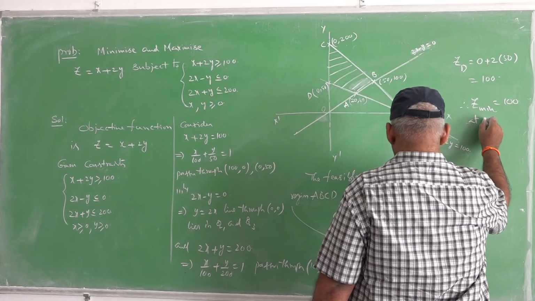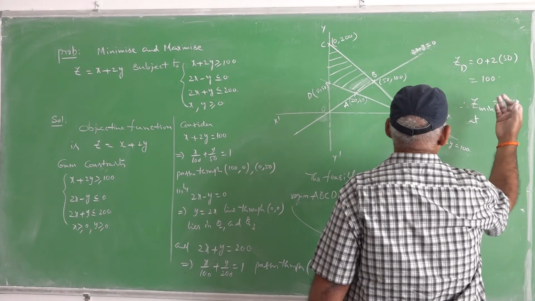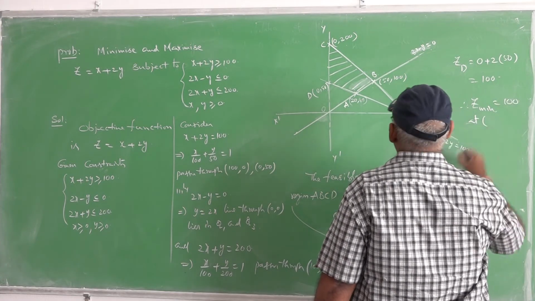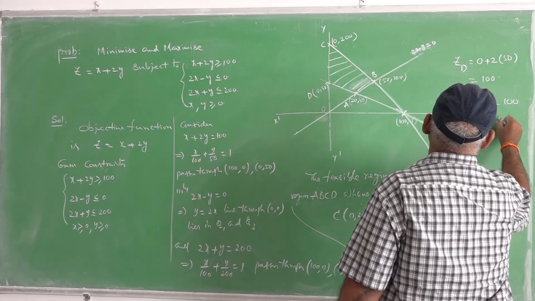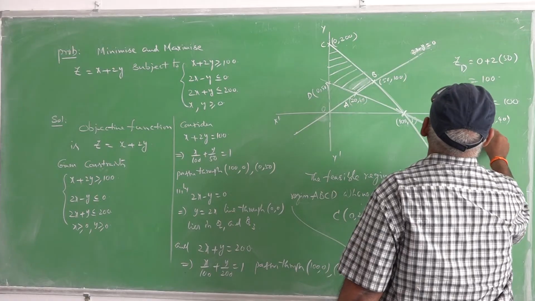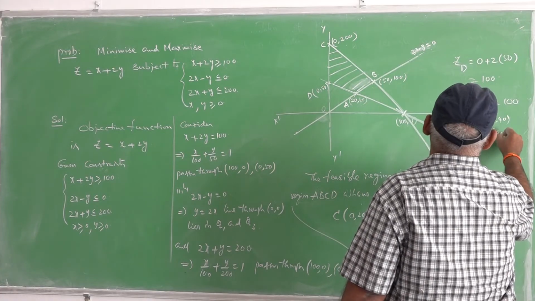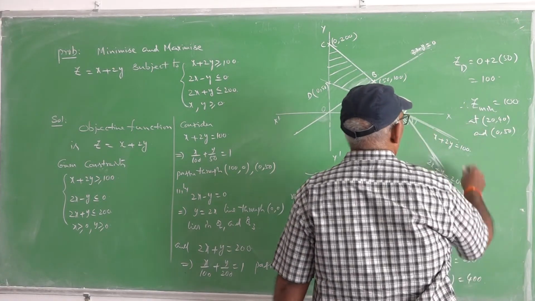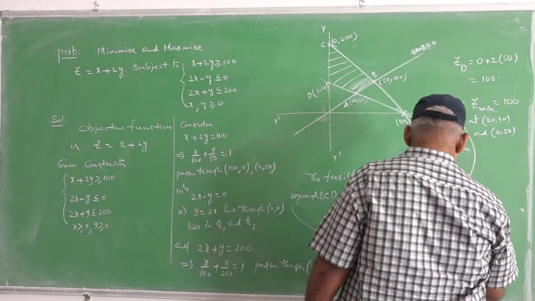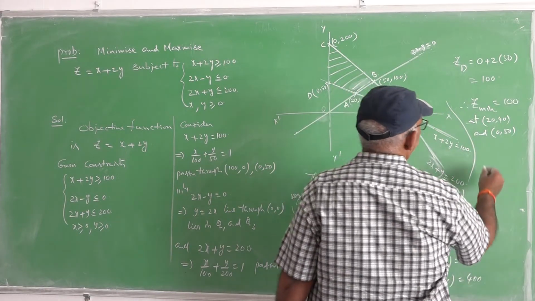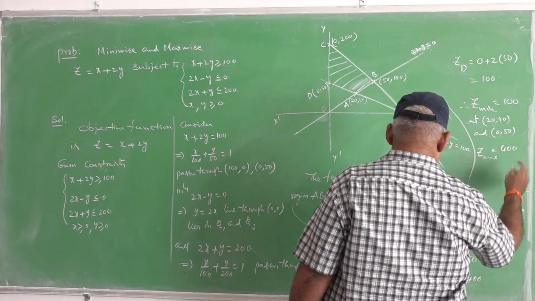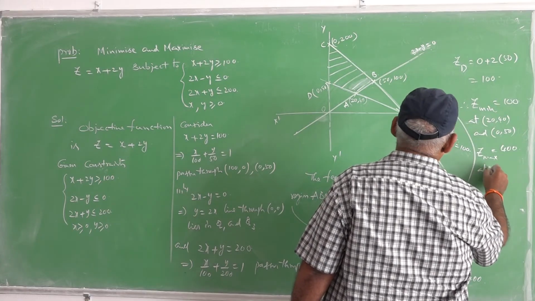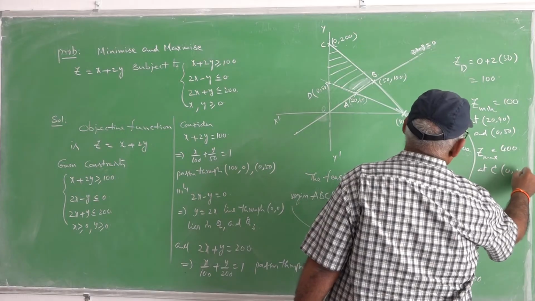At this value, we have two such points, A and D, (20, 40) and (0, 50). Maximum is at C. Z maximum is 400, at C, the point is (0, 200).